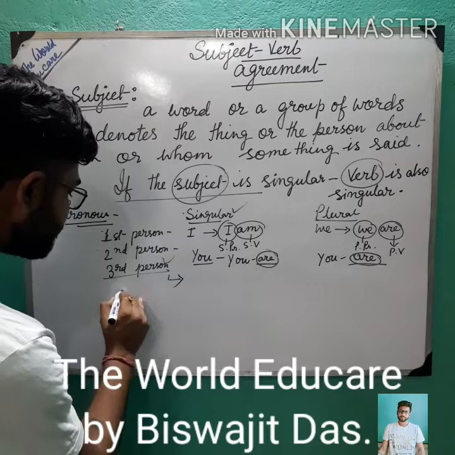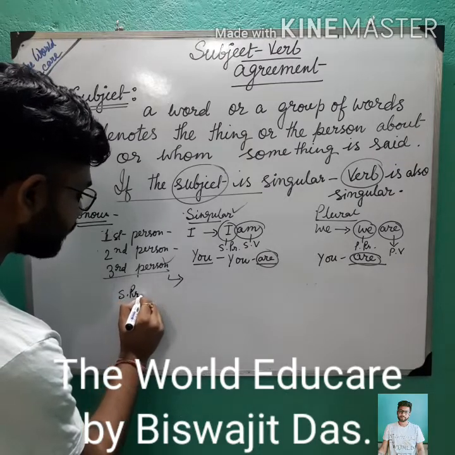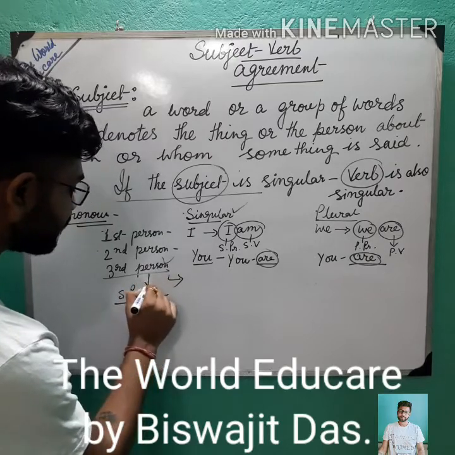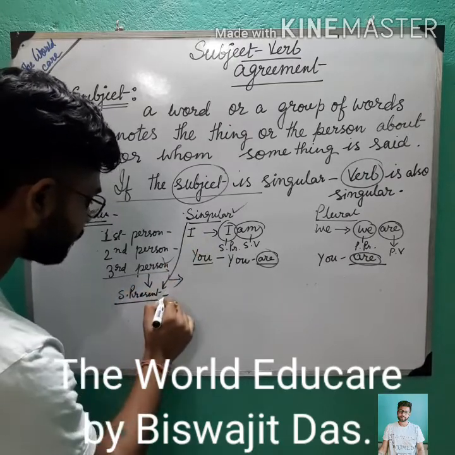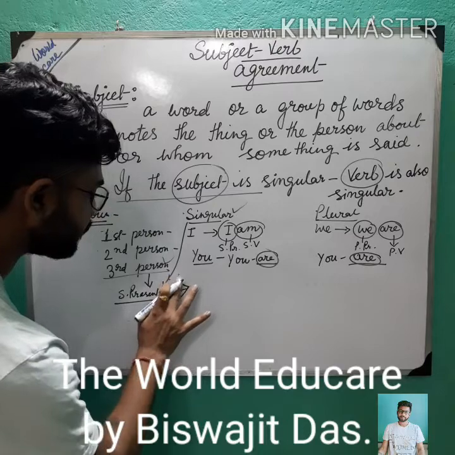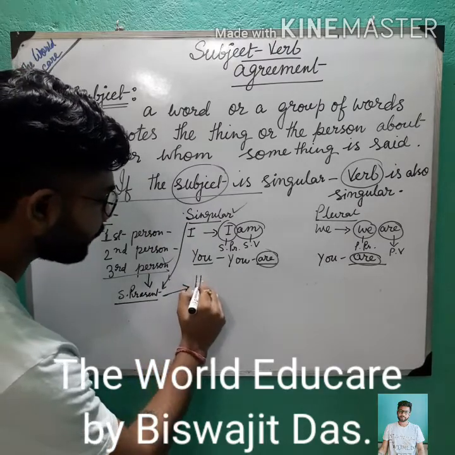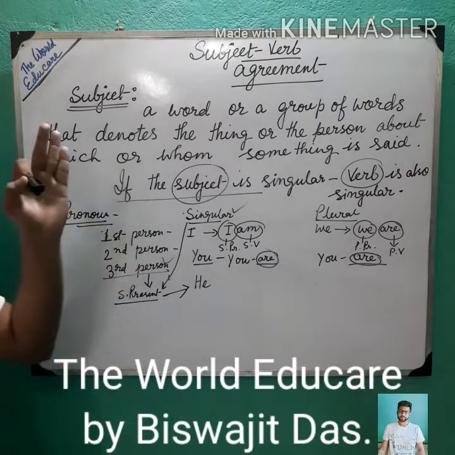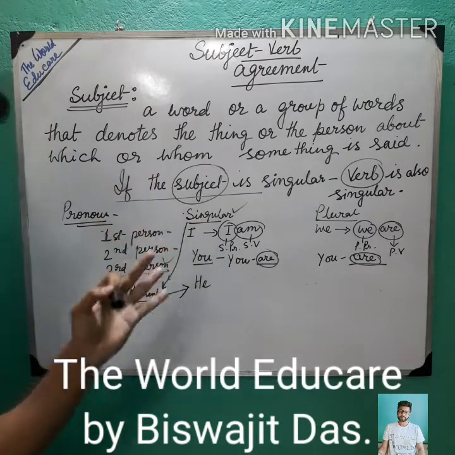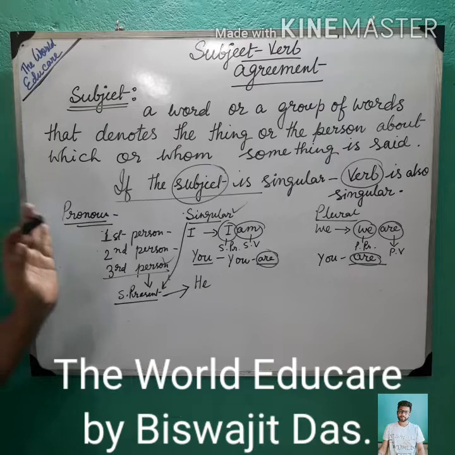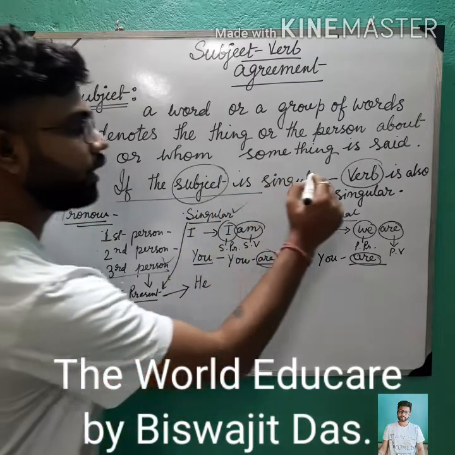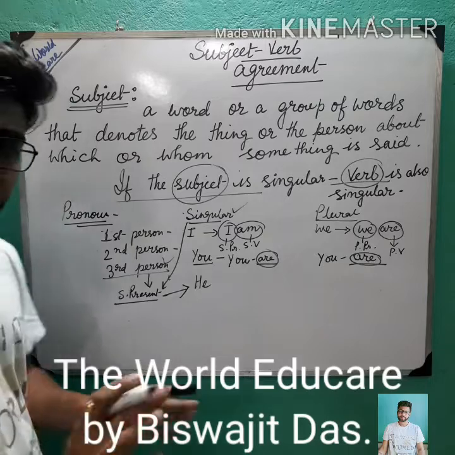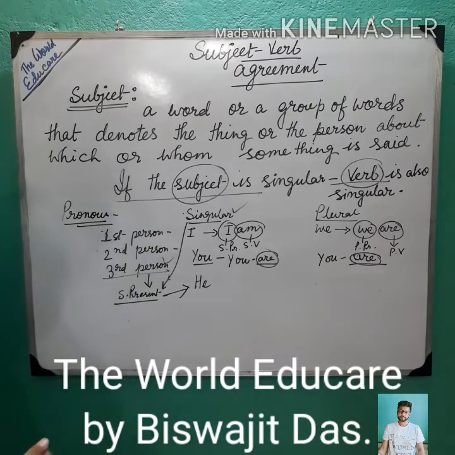So in simple present tense third person singular number, if I give the example of he, and instead of giving the example of am, is, are, if I use some regular verbs, like as I said, the verbs are always in their plural forms. For our understanding, I am giving you this example.